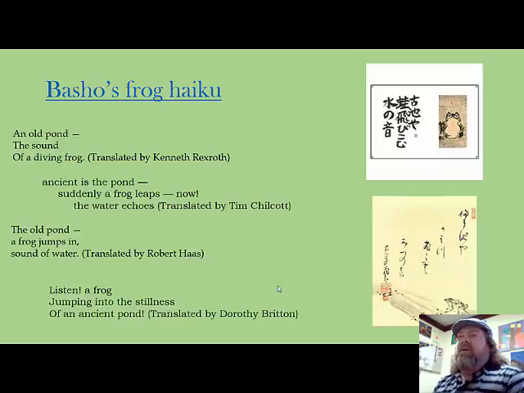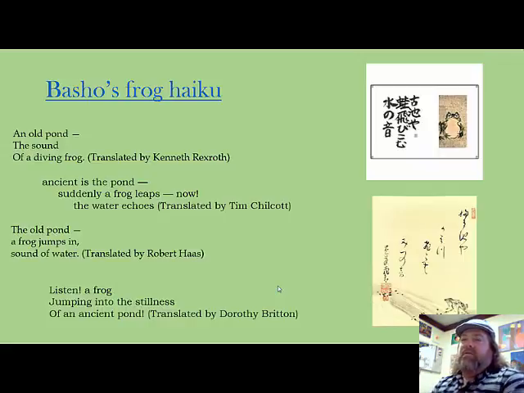One of the most famous haiku poems is one written by Basho, referencing a frog jumping into a pond. Seems like a very simple act, but I thought you should read these translations, which are by a number of different people.